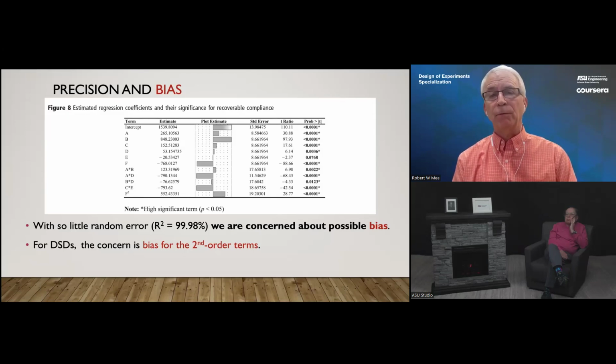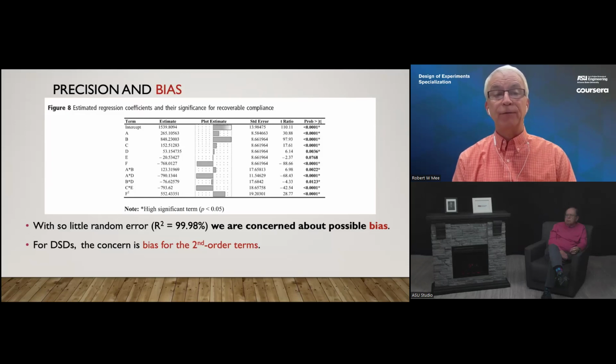And recall that there were 4 center point runs. So we have 3 degrees of freedom for pure error, which here there must be negligible variability in those center point runs. But we are concerned about bias.